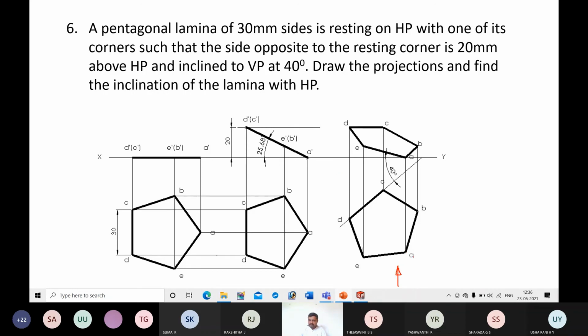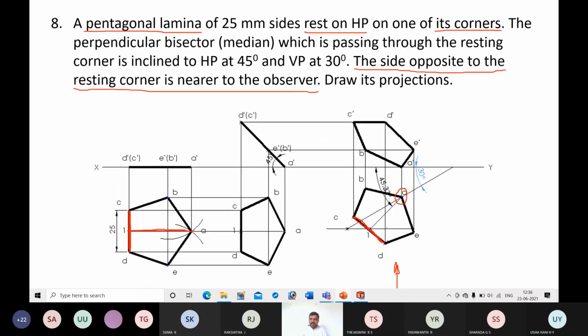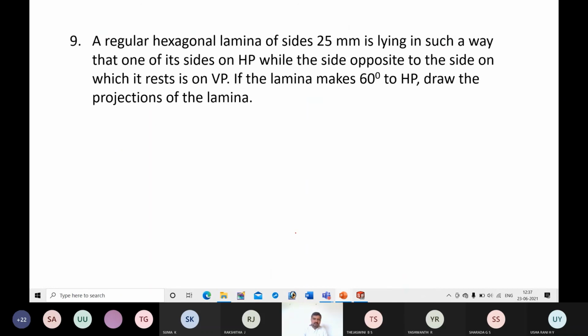But here if you consider A is nearer to the observer whereas CD is farther from the observer. If this condition is not given, you can draw in any way. You can take this A above or below, your wish. Okay, suppose it is specified like in this problem. Okay, you should redraw this view such that A will go above and CD will be below. That means CD will become nearer to observer.